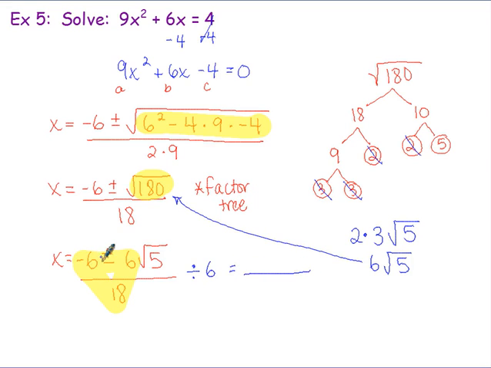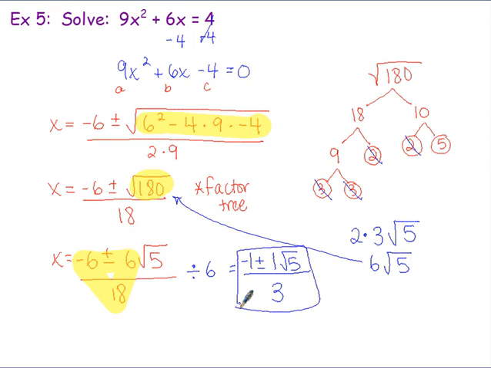Negative 6 divided by 6 is negative 1, plus or minus 6 divided by 6 is 1. The square root of 5 comes over, and 18 divided by 6 is 3. And that is a done answer. Hopefully you got that one right.